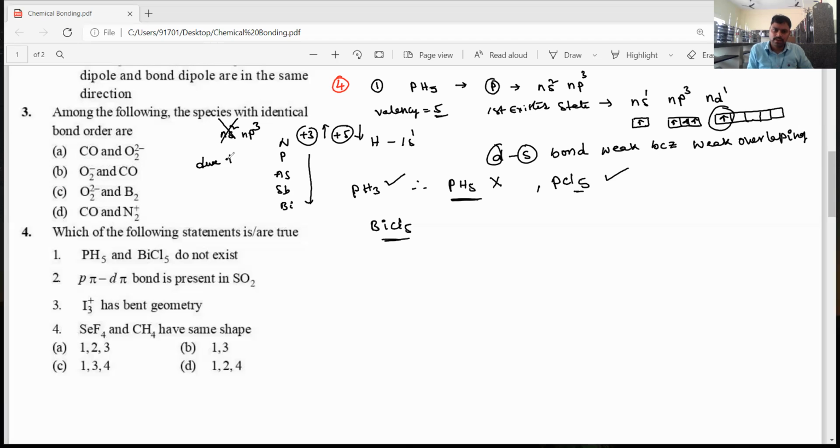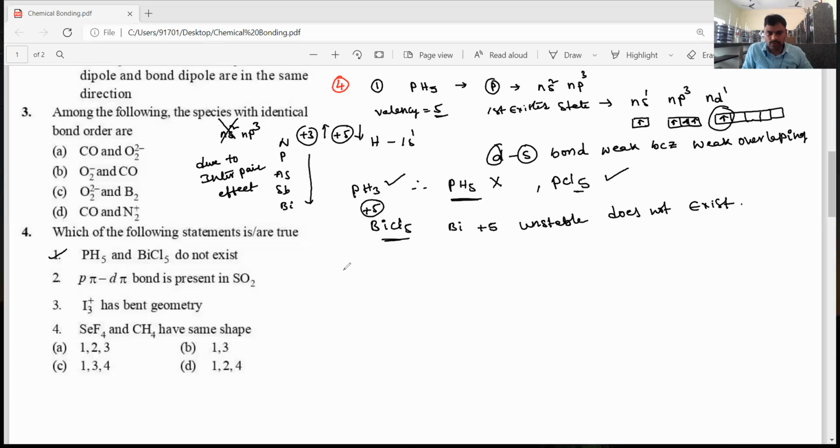So bismuth's +5 oxidation state is unstable, so BiCl5 does not exist. Okay students, so the first option is correct.